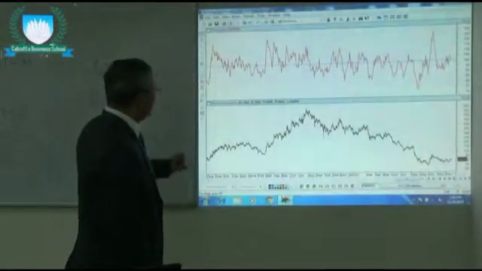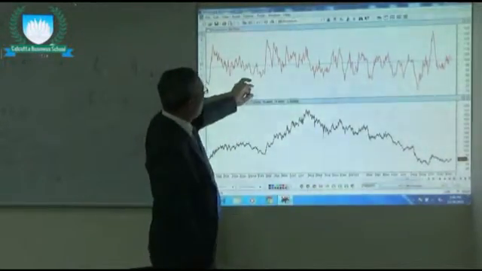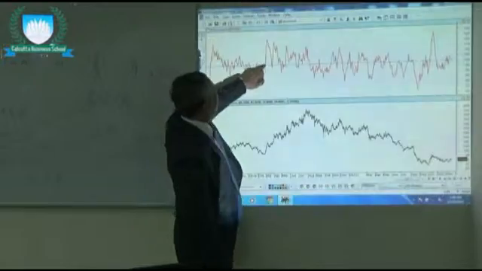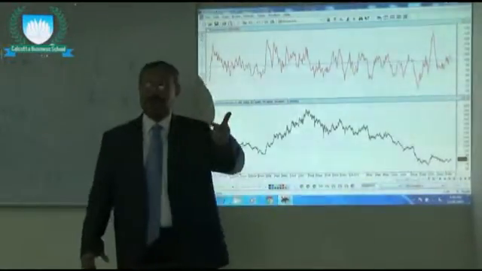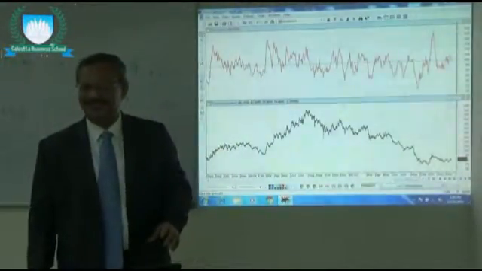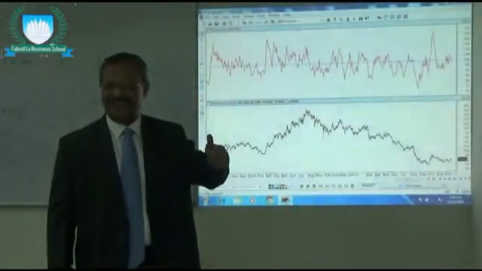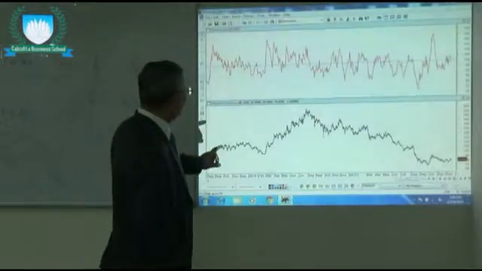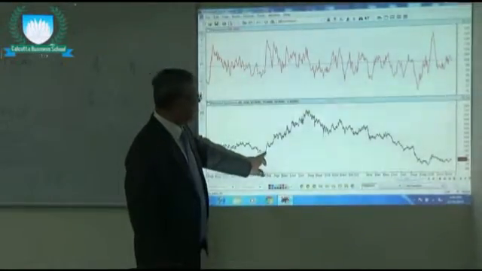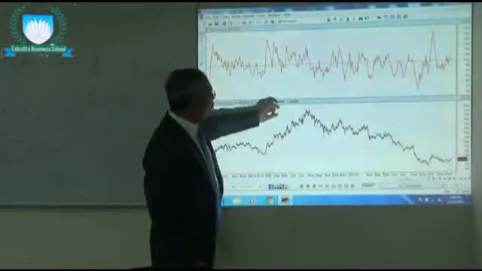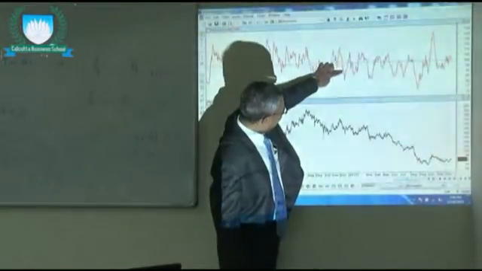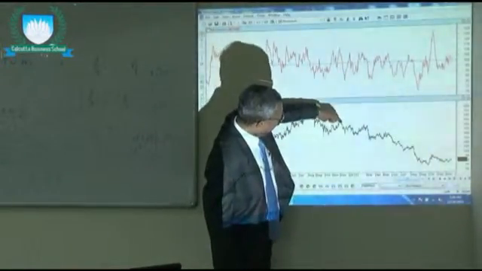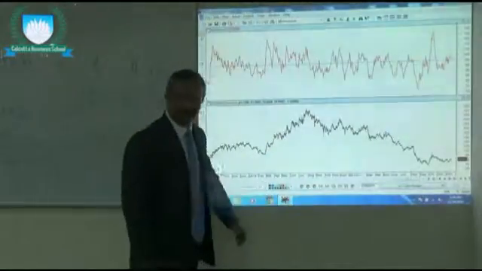Now observe that when momentum is rising, which means the second partial is positive, it is a delta of delta, because momentum by itself is a delta, then prices would be rising at a faster rate. And when momentum is negative and falling, prices are really falling at a faster rate.